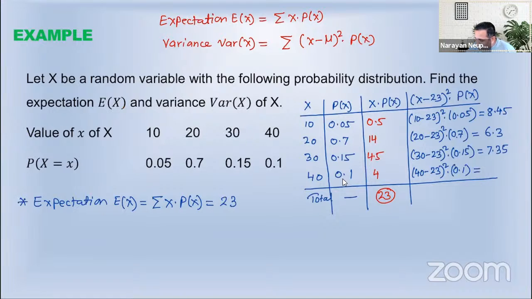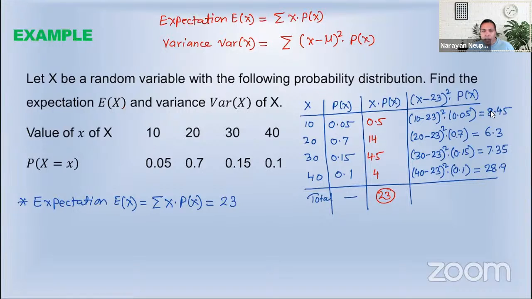If you simplify using the calculator, it will be 28.9. So this is how we find the values of X minus mean squared times P of X for each of the random variables given here. For each row, you have to find this. And in the formula, there is a sum.